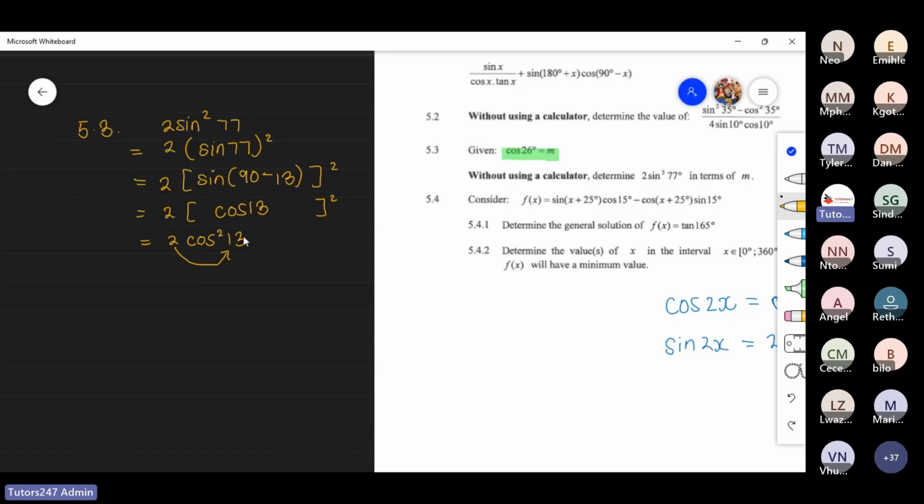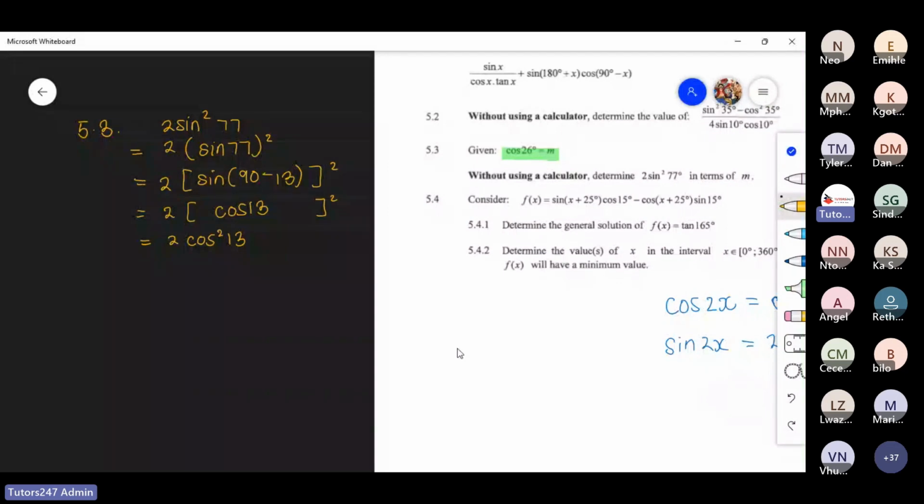It does not work like that. If the 2 was within cos, meaning if it was cos squared of 2 times 13, then we could have done that. But because the 2 is on the outside, we cannot multiply it with the angle on the inside. That is very important. Please keep that in mind.